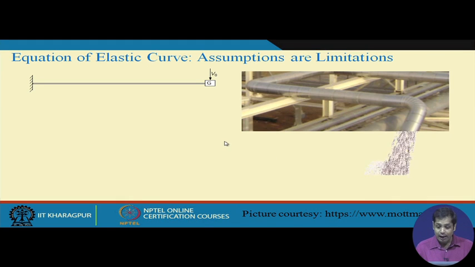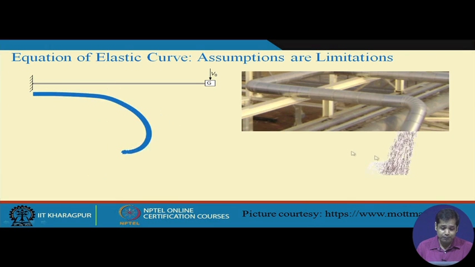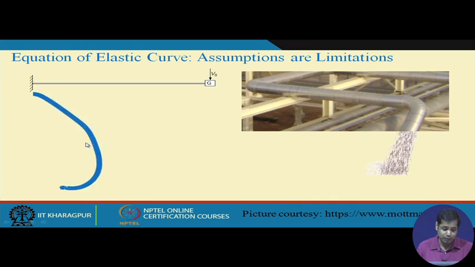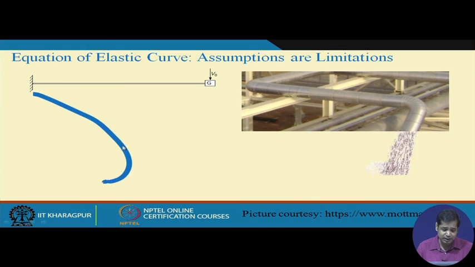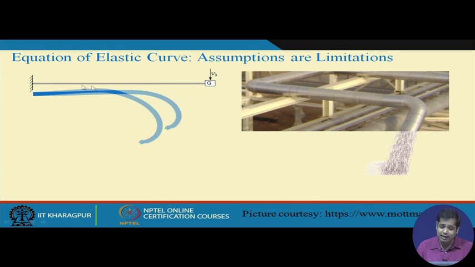Now depending on the diameter of the pipe, the length of the pipe, and the speed of the fluid through this pipe, this pipe may undergo severe deformation. For instance, this is one case where you see the kind of deformation, on a cantilever beam.